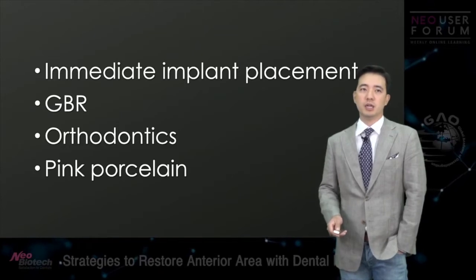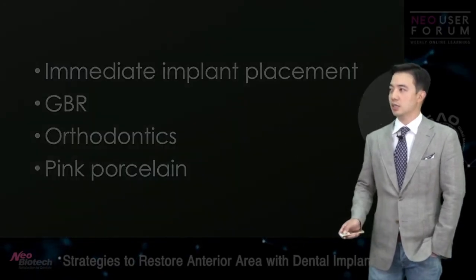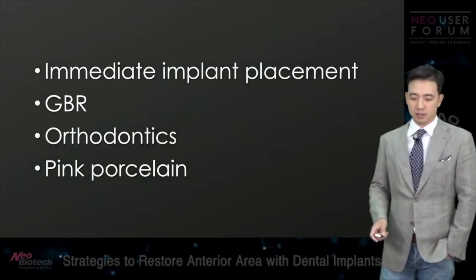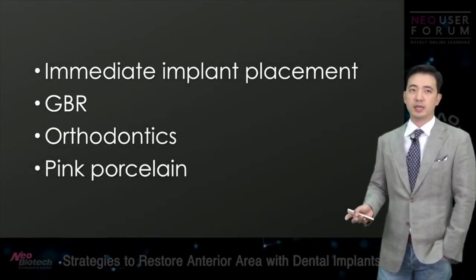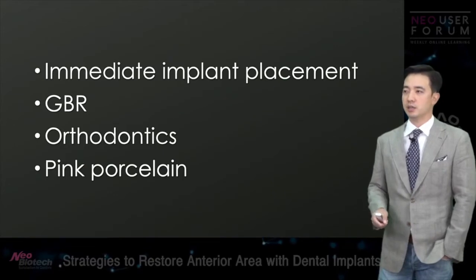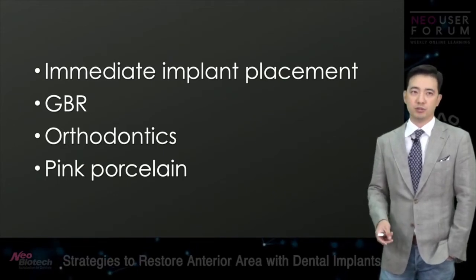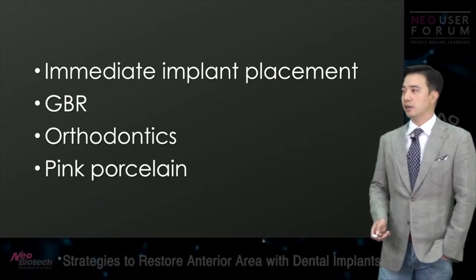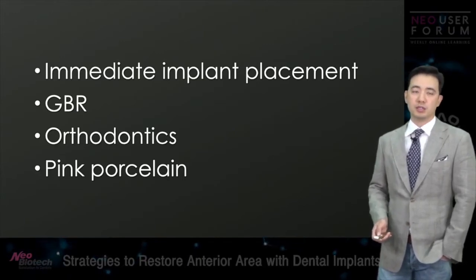So GBR is, I think, a key factor when placing implants in the anterior area, because most of the time your patient lacks bone at the site. Another option you can think of is orthodontics.